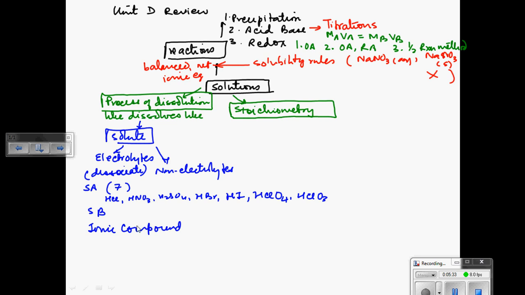Now, in terms of stoichiometry of the reactions, you have various quantities to measure the strength of a solution. The first and the most common measurement is done using mass percent. Mass percent can be mass over mass, volume over volume, or mass over volume, like grams per mL.